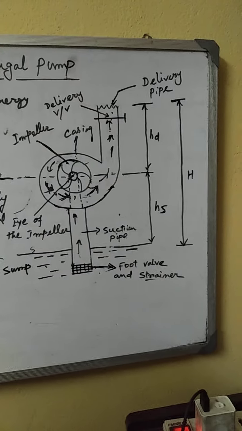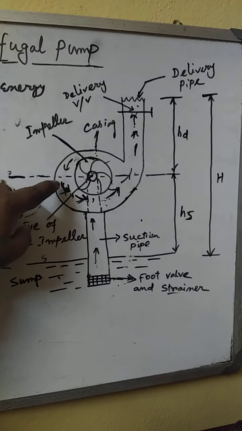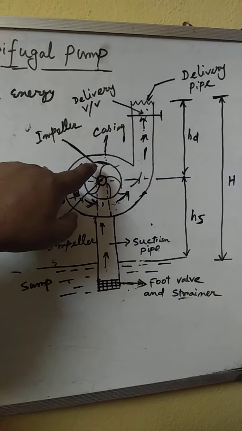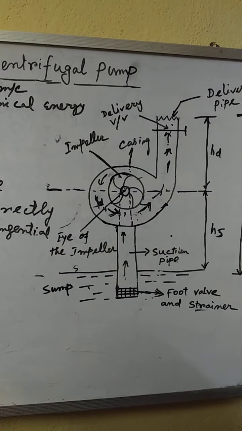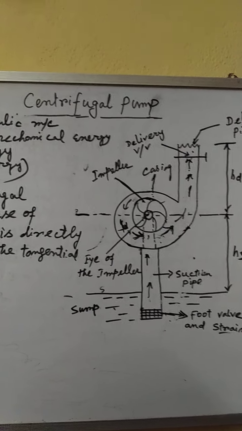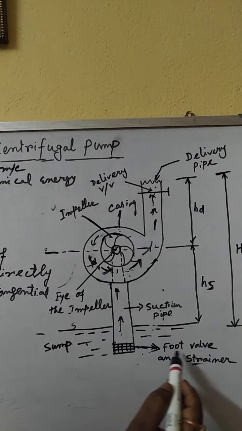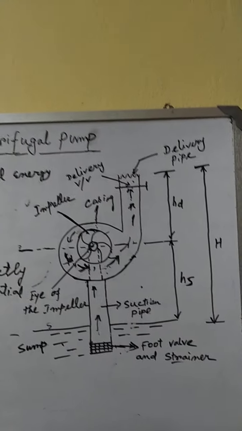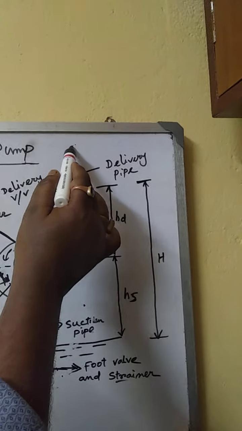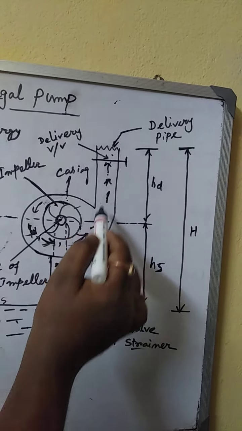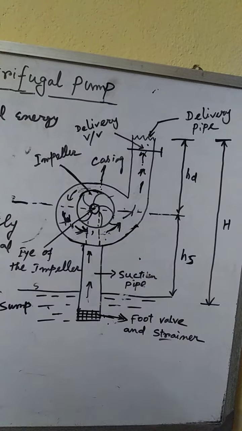If impurities go into the casing, they will damage the liner, the inner surface of the casing, and also the surface of the impeller. So that is the working of the foot valve and strainer. The delivery valve also does not allow backflow of the water from the delivery pipe to the casing.